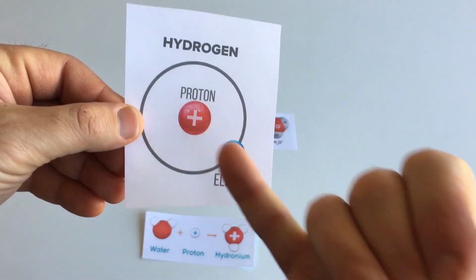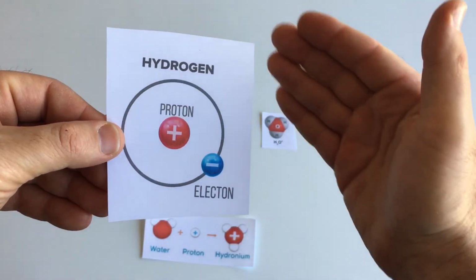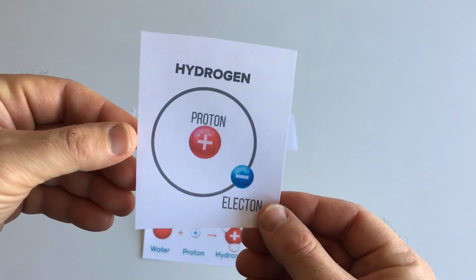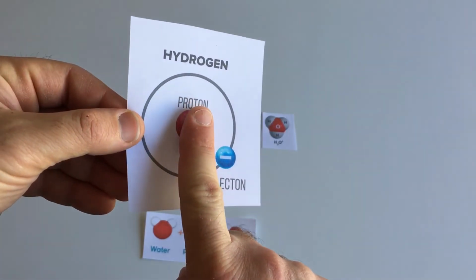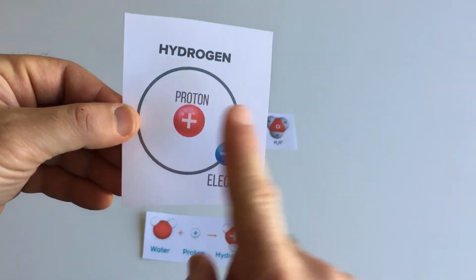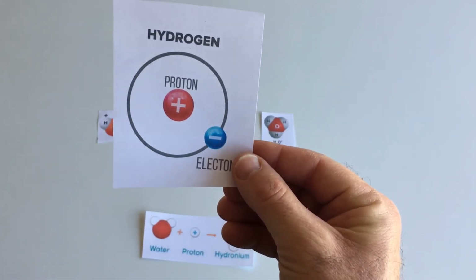And that is in the top left of the periodic table. It's the smallest atom there is, because if you remove the one proton, you no longer have an atom. So a hydrogen is simply a proton with an electron.